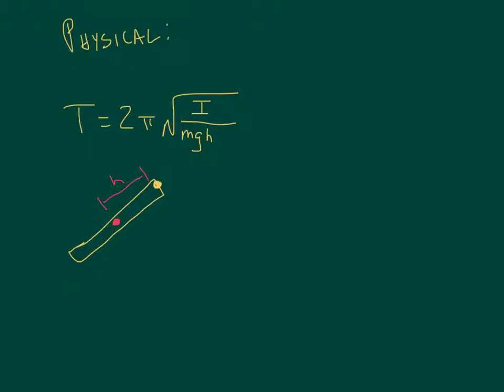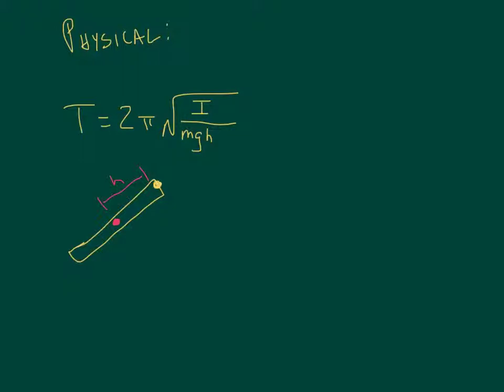Okay, so not the entire length of the pendulum. H is the distance measured along the pendulum arm between the center of mass and the pivot point, so between pink and yellow here. So that distance h, not the length of the pendulum, means it probably will not cancel with the distance in the moment of inertia.